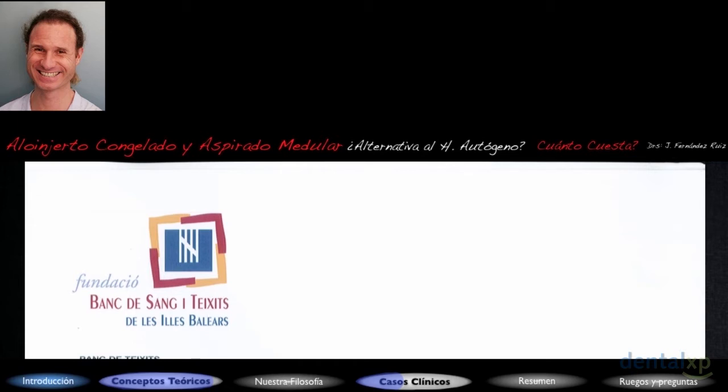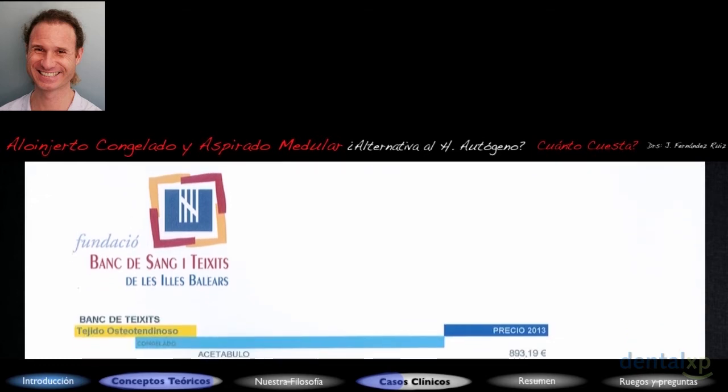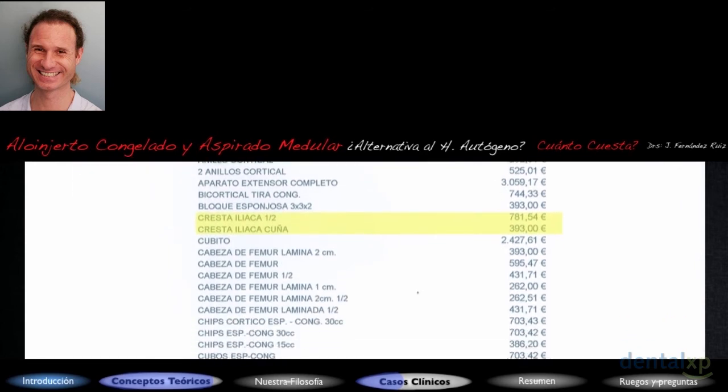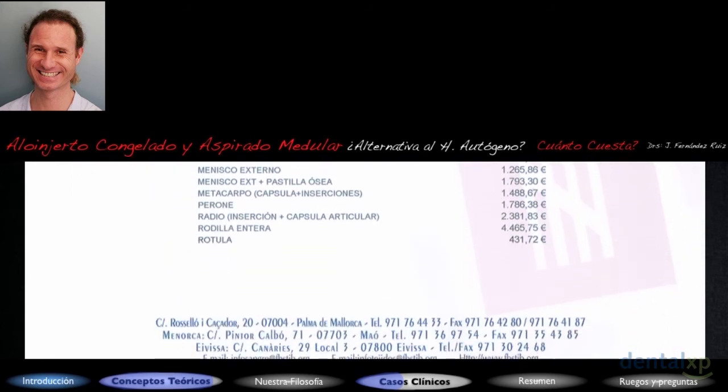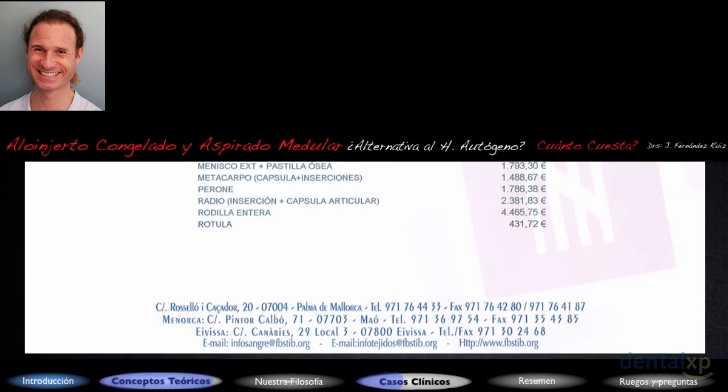It has great malleability and great behavior biologically and histologically. So I think that the combination of allograft with bone marrow aspiration will be the ideal alternative for the autogenous bone graft.